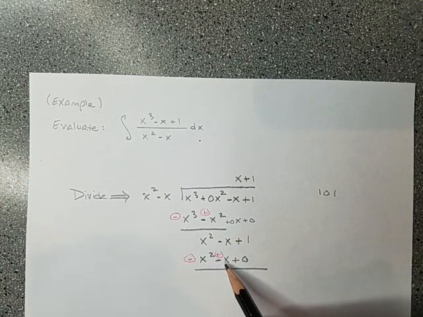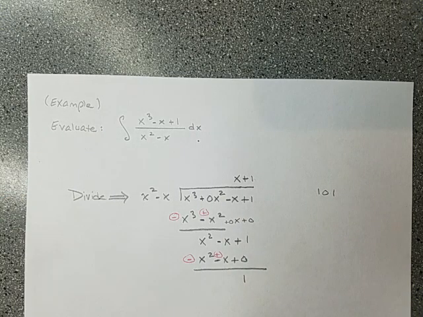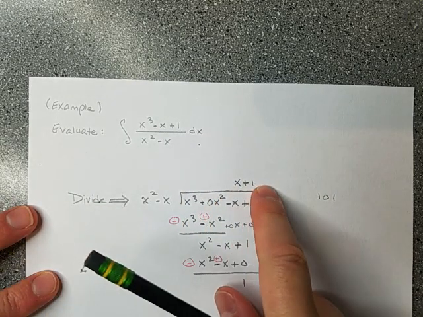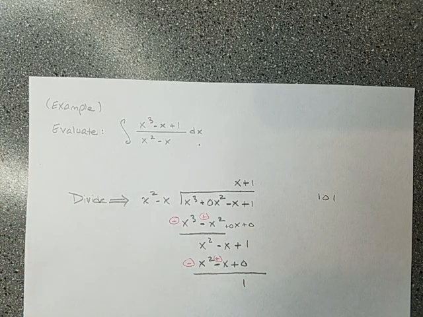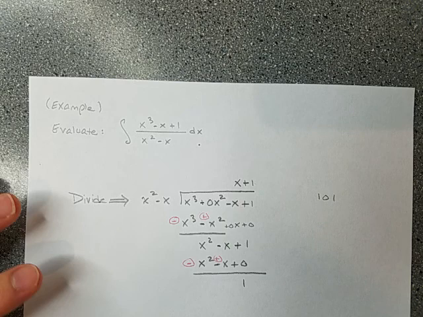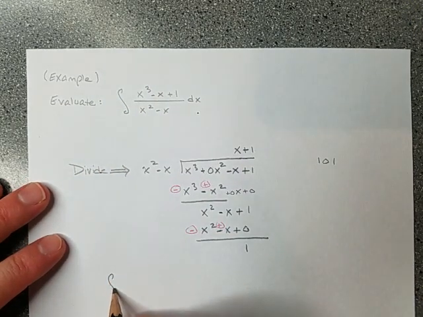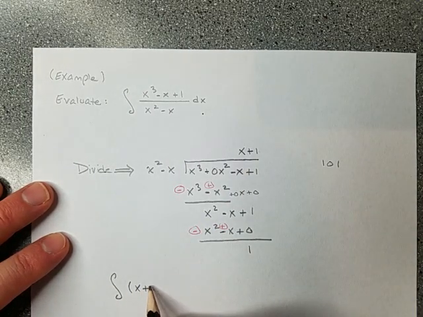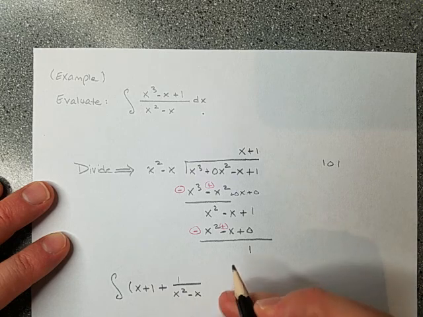Negative x plus x, also nothing. 1 and 0, 1. Okay, so I have my mixed number. This will divide out into x plus 1 over x squared minus x. Okay, all right, so let's continue from there. I'm going to rewrite my problem. Okay, now I've divided, so x plus 1 plus 1 over x squared minus x.